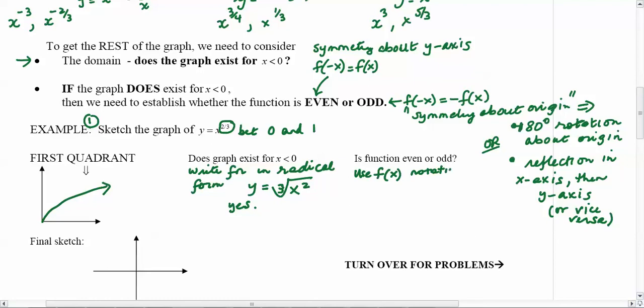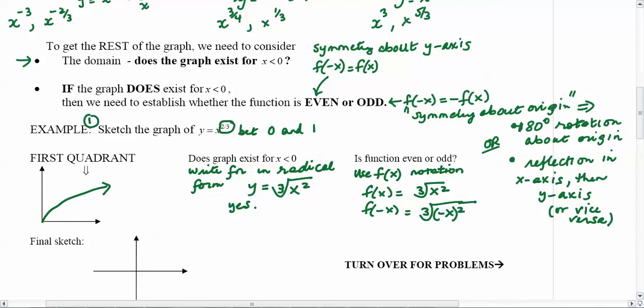So I change my notation to just make my life easier. I know that f of x is equal to the cube root of x squared. Therefore, f of negative x is the cube root. The input is now negative x. Note the parentheses, I have to use them. And I think about that.